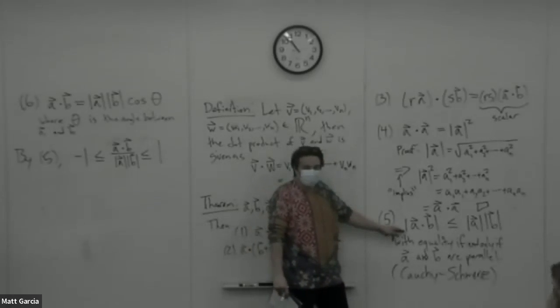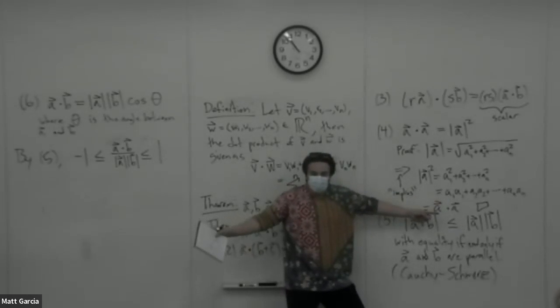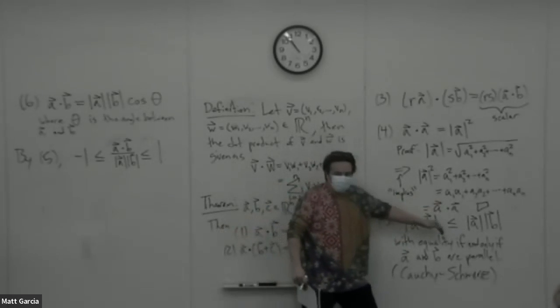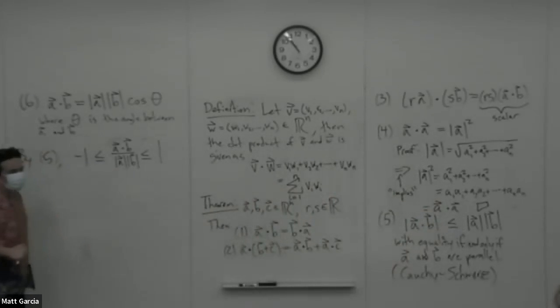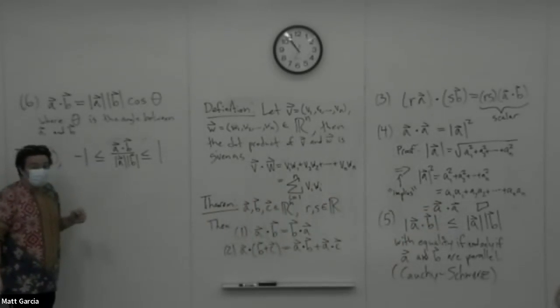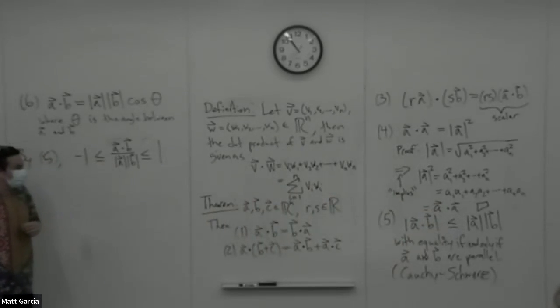This is an absolute value, so I can unfold this inequality to be two inequalities if I drop the absolute value sign, and then divide through by the magnitude of A times the magnitude of B. And then I know that this quantity, A dot B divided by the magnitude of A times the magnitude of B, must be bound between -1 and 1.